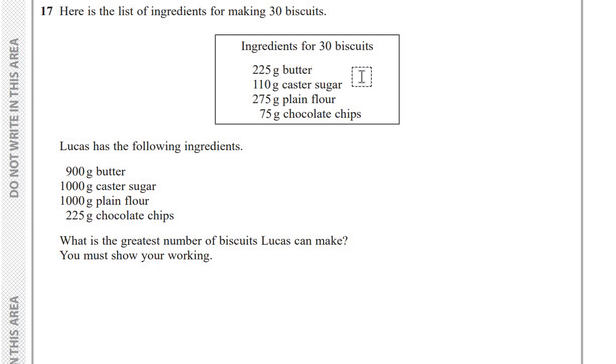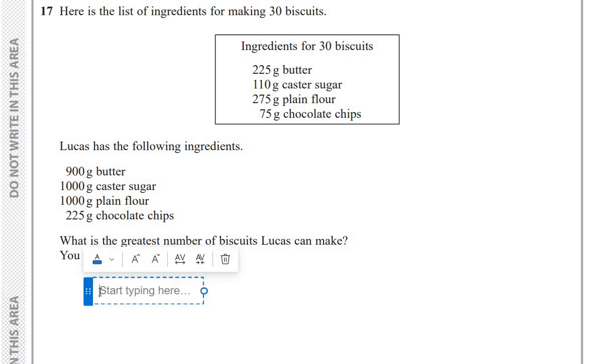Here we have the ingredients needed to make 30 biscuits. If Lucas has 900 grams of butter, how many sets of 30 biscuits can he make? If you do 900 divided by 225, that is the amount of butter needed to make 30 biscuits.